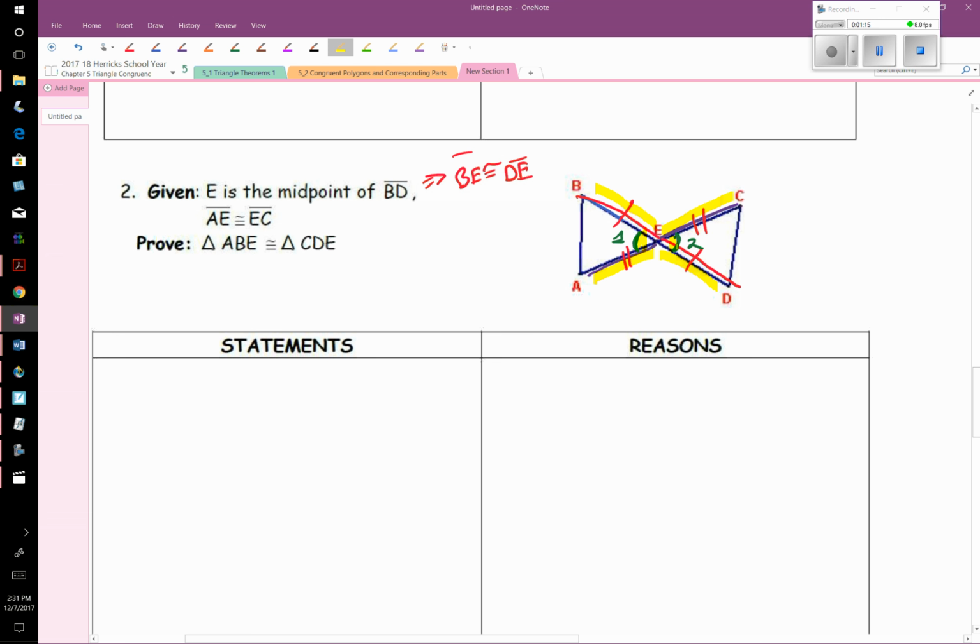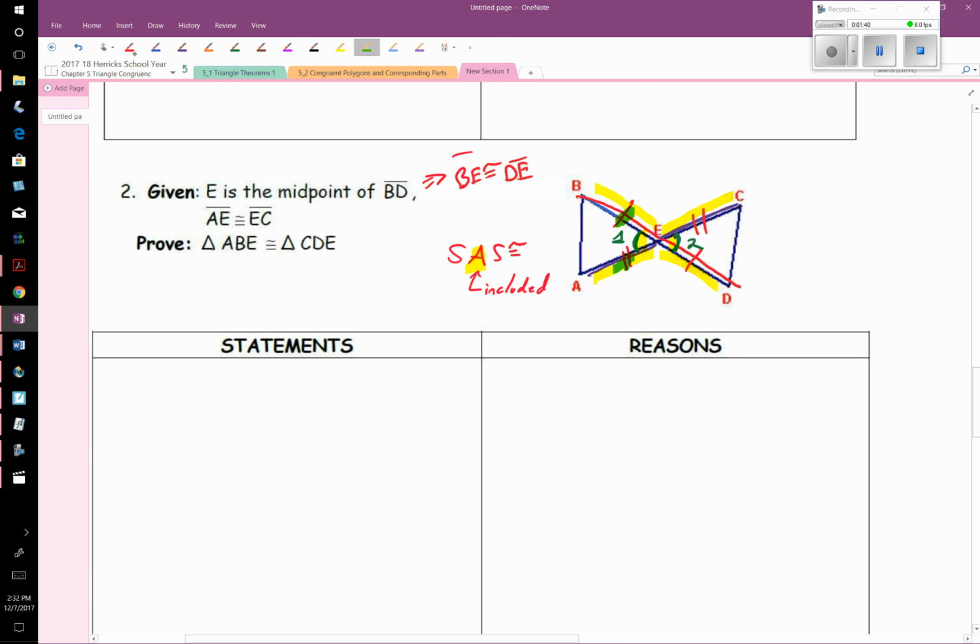That's the included angle. So the way I'm going to try to prove these triangles congruent is by using side angle side congruence. And we have an included angle because it's in the middle, not only in SAS, the statement right here, but it's also exactly in the middle of the two pairs of sides that are congruent, right?